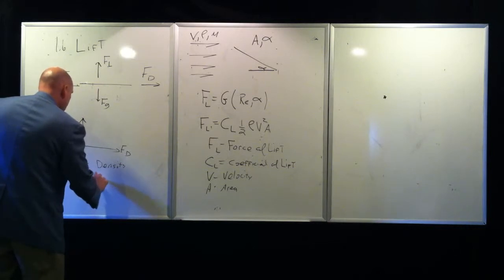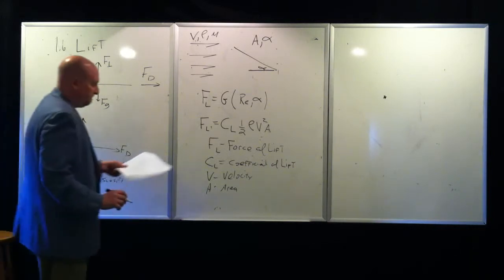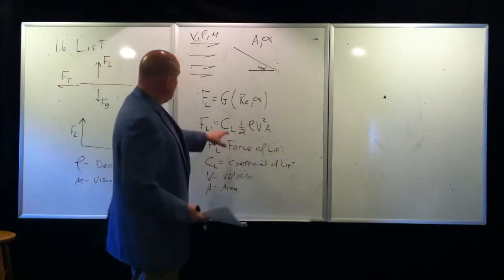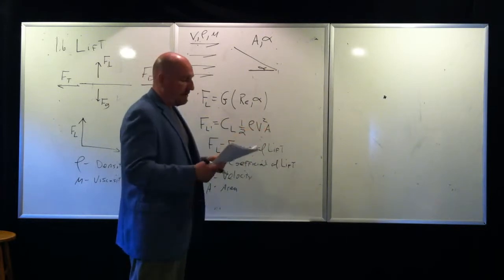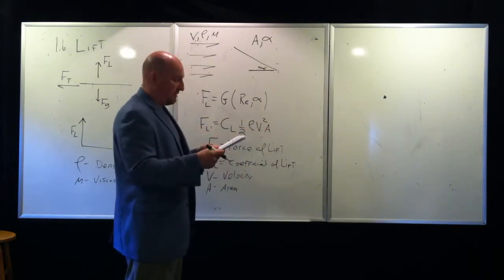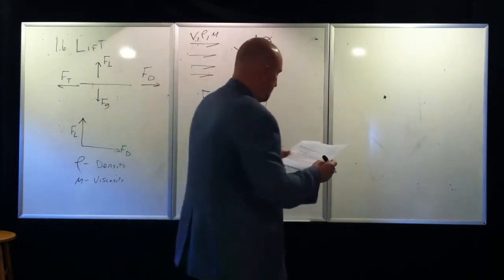And mu is our viscosity. So, we know the coefficient, we know the density, we know the velocity, and we know the area. We can calculate what the force of lift is going to be. And we're going to do some of those in a little bit.